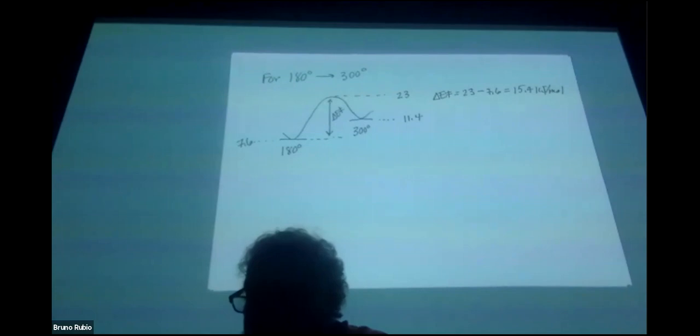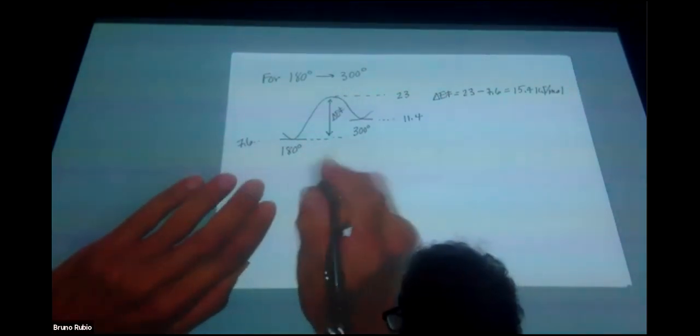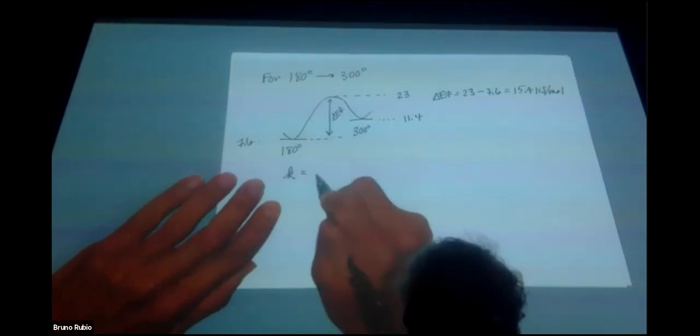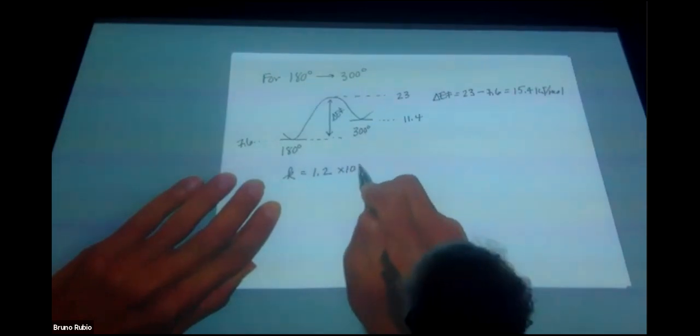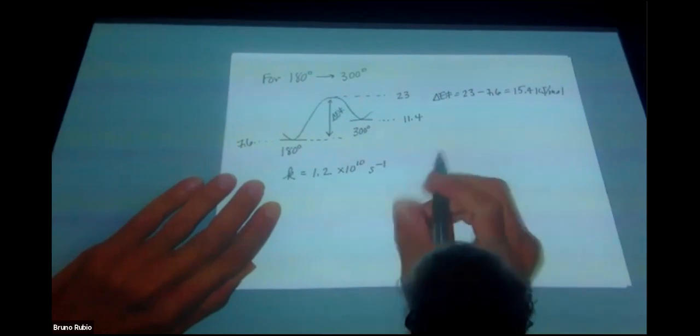Okay, so slamming all of these numbers into my Eyring equation, I get that the rate constant is equal to 1.2 times 10 to the 10th per second.